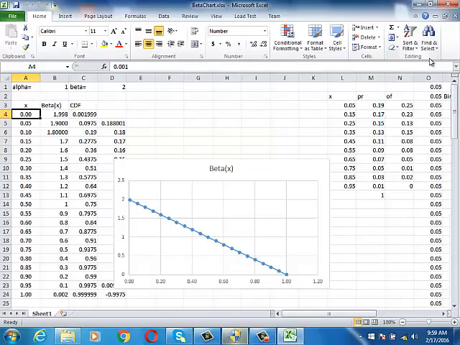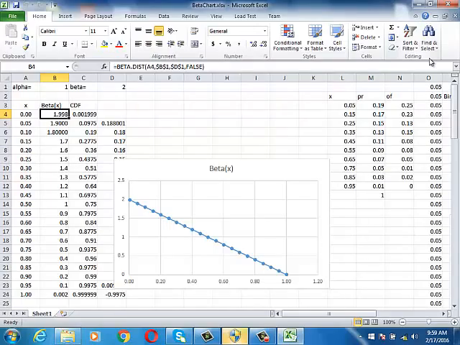So I don't need the value exactly at 0 and exactly at 1. I start with 0.001, then take steps of 1/20th: 0.05, 0.1, 0.15, 0.2. I'm just trying to make a graph of the density, so these are the x values at which I'm going to be graphing.